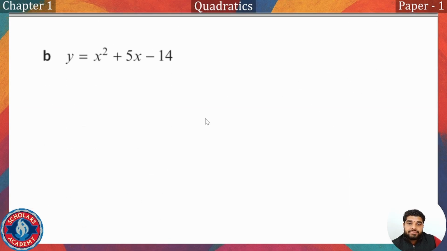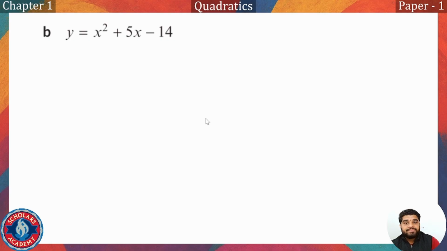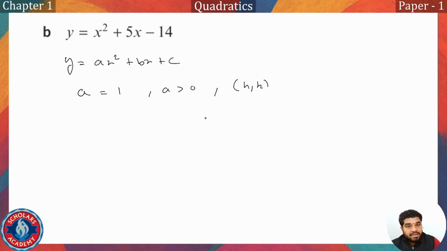All right. So this is also a very simple question. We'll compare this with y is equal to ax square plus bx plus c. From here, what I get is a is equal to 1. And this tells us that a is greater than 0. So h comma k, the point of vertex, is a point of what?